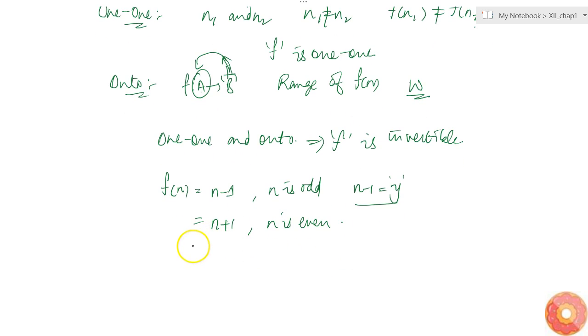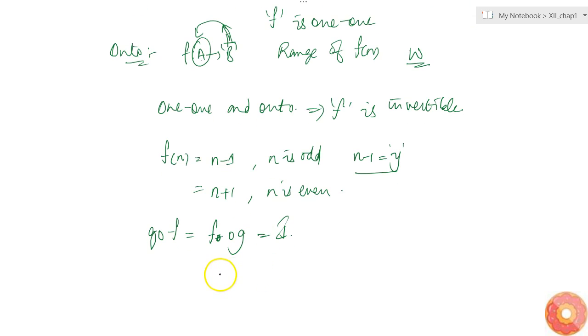Now the condition for the inverse is, let's say g of f must be equal to f of g, which is equal to I. So that means here g of f of n must be equal to n.